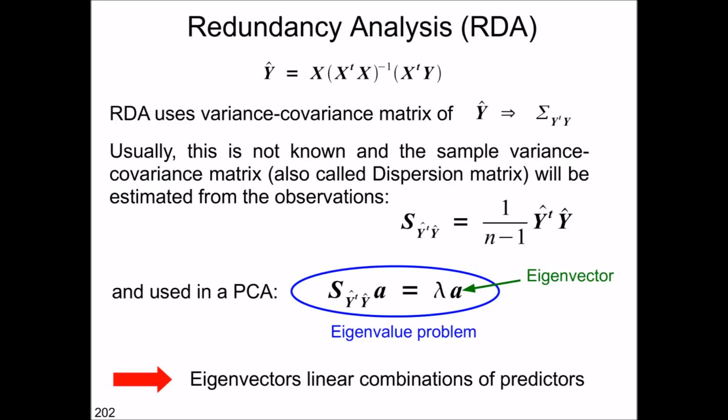So we basically run a PCA just using a variance covariance matrix that has been obtained by multivariate multiple regression analysis. So the eigenvectors in the end are linear combinations of our explanatory variables.